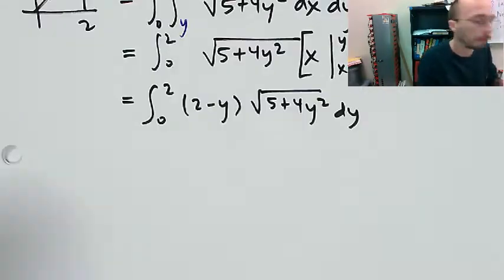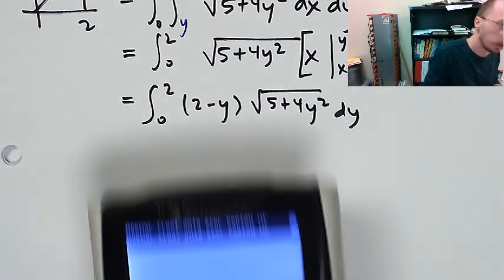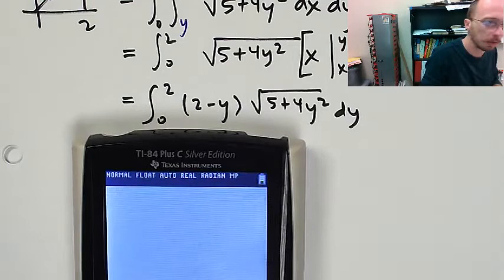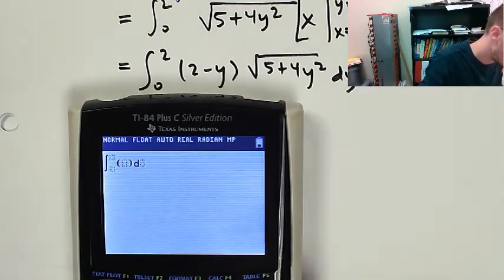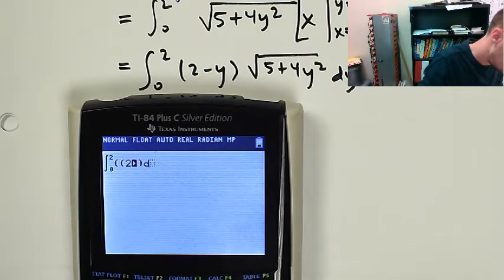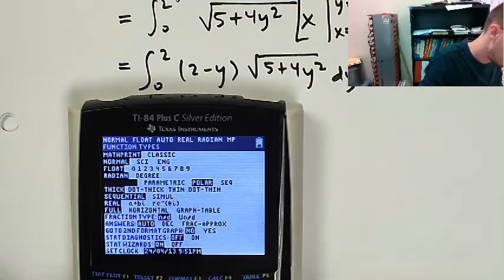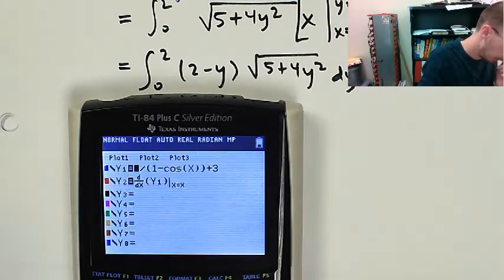And this is a job for the calculator. Okay, so I'm going to bring that out and call for an integral from 0 up to 2 of 2 minus y. Oh, I'm in polar mode. That's not the place to be.